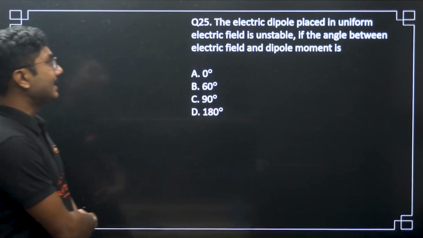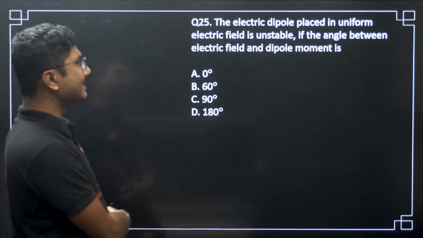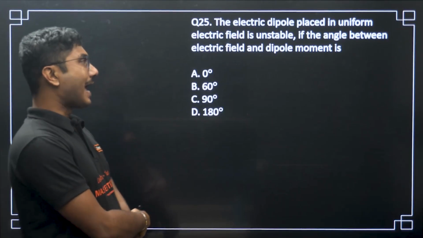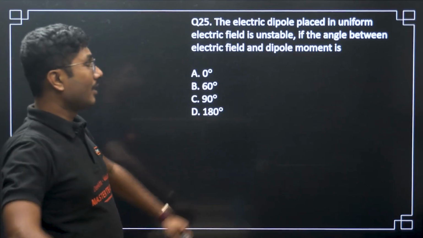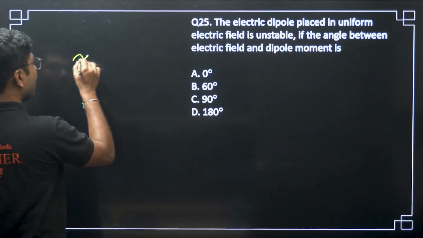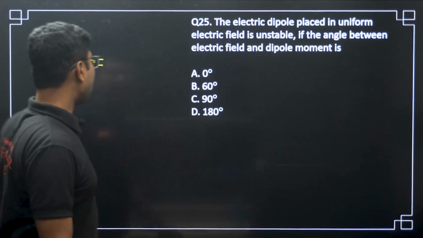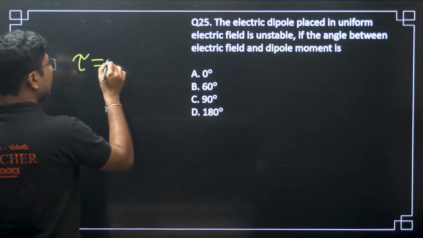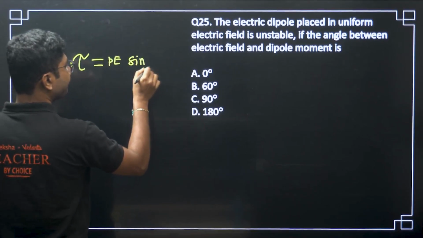Next, the electric dipole placed in a uniform electric field is unstable if the angle between the electric field and the dipole moment is. For that we have to remember that the torque acting on a dipole is given by tau is equal to P sin theta.